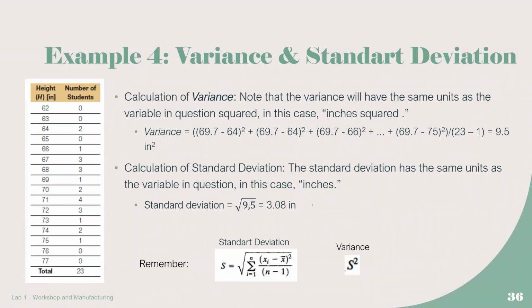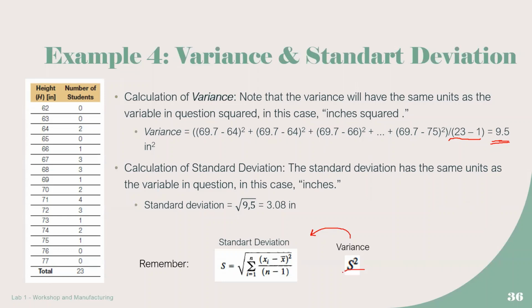To calculate variance, remember you were taking the differences, you were calculating the deviations, and you're going to take the square of them, and you're going to divide it by the number of elements minus 1. Here, this is your variance. And for standard deviation, you're just taking the square root of it.